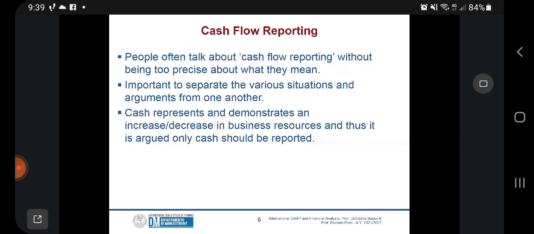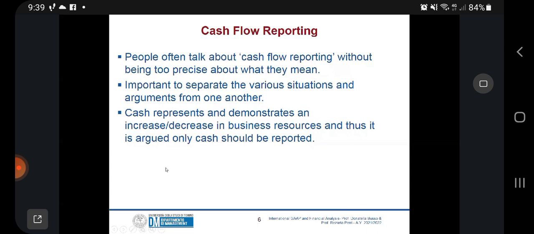And we have previously argued that following the cash accounting principle only, it's not a good decision. It's not enough to report the real results of the operations of a company. So just focusing on cash flow reporting, it's not a good and a wise thing to do. Of course, cash flow reporting adds value to the overall reporting of the company, but it's not the only component. It does not say everything that happens within a company.